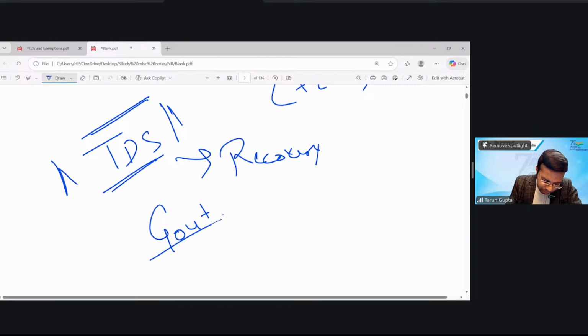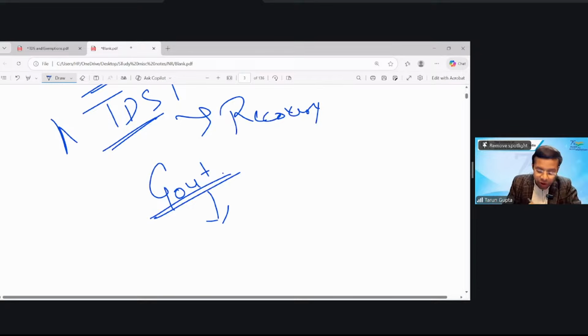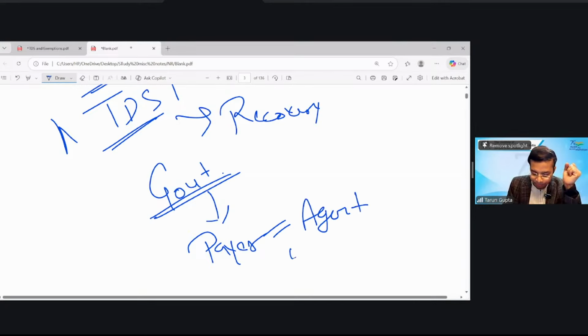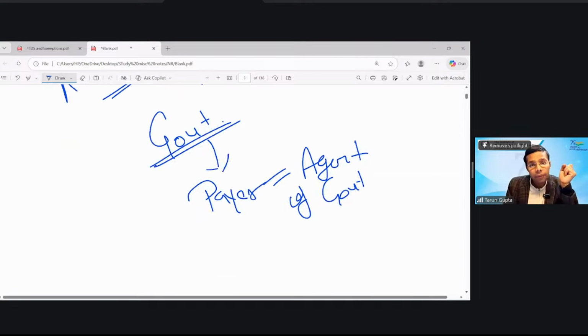But the government has delegated this function to the payer, and the payer is required to withhold tax and deposit it to the government. So when I deduct tax on any payment, I act as an agent of the government. You're with me? I collect tax on its behalf from the payment which I made.